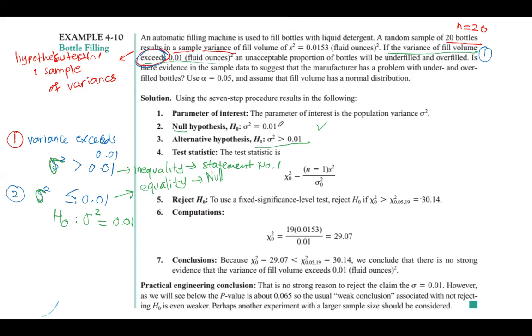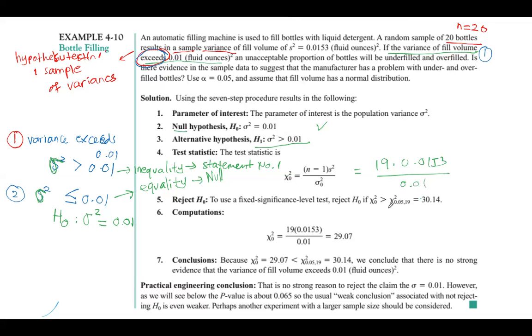So in the test statistic, because it is one sample variance for the hypothesis testing, we can use the chi-square. It is from n is 20, so it should be 19, multiplied by the variance of the sample, which is 0.0153, divided by the variance of the population that we claim, 0.01.